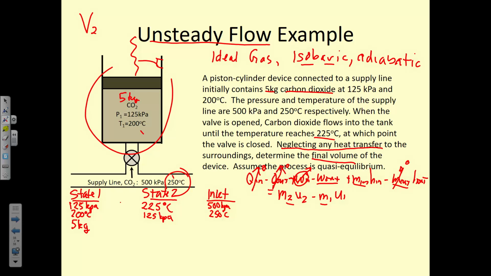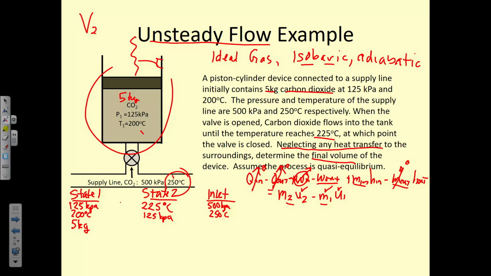So of these terms, what do we already know? We know m1, right? Do we know u1? Yeah, we have enough information to find it because we know the temperature, and we can use c sub v times T. Okay, so we know m1, u1, we know u2.